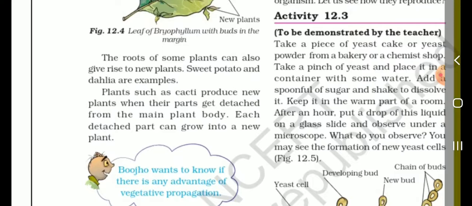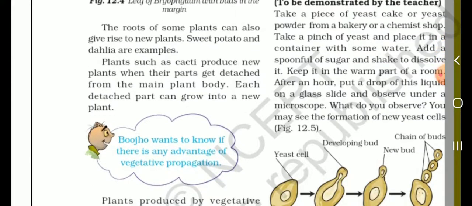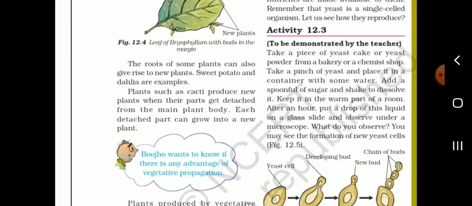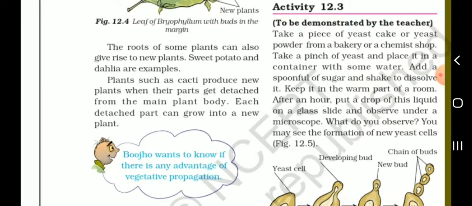Take a pinch of yeast. What are the uses of yeast? The yeast is mainly used in bakeries for making bread, cakes. That is the main use of yeast.